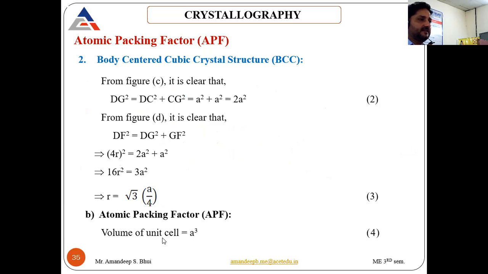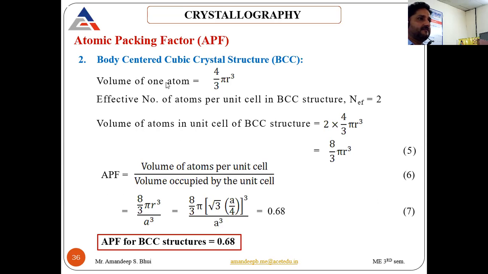So here the volume of the unit cell will be, if we multiply all the sides, A cube. Then the volume of one atom, because an atom is a sphere, will be 4 upon 3 pi r cube. Now the effective number of atoms in a BCC structure, NEF, equals 2. This we have calculated previously.